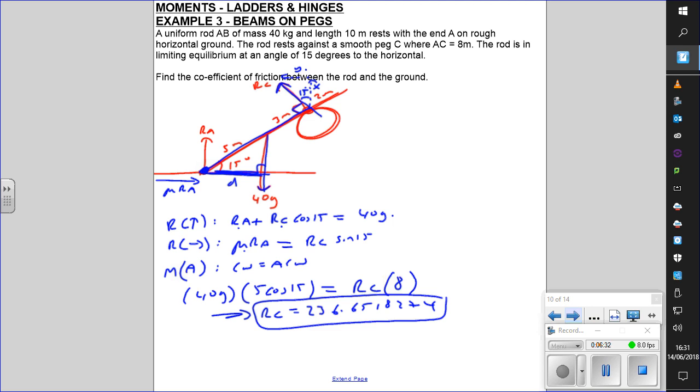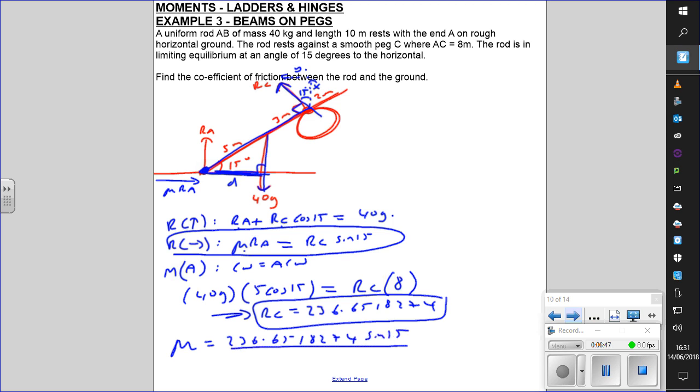So at the moment, I've got mu from this equation to be RC, which is 236.6518274, times by sine 15, all over RA. So I need to find RA, and to find RA, I need to shove it into this top equation, that RC.